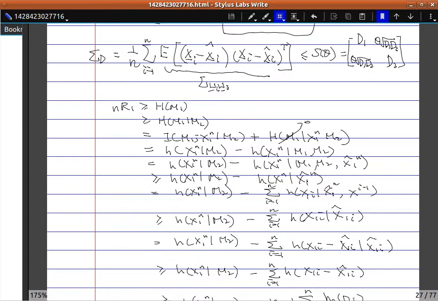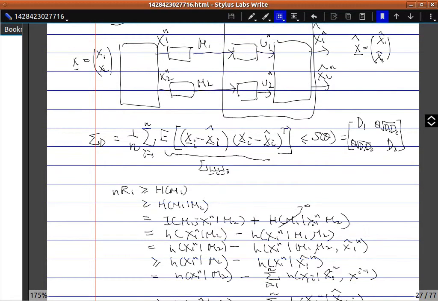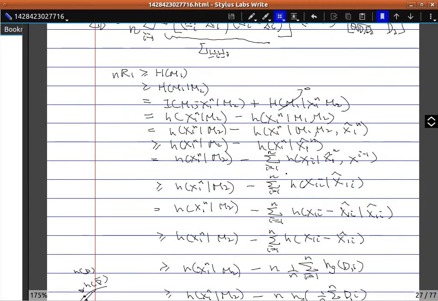For this one, because given X1^n, M1 is known, this is equal to 0. And we can split this in another way, so the mutual information can also be split with X1^n minus X1 hat^n given M1 M2.